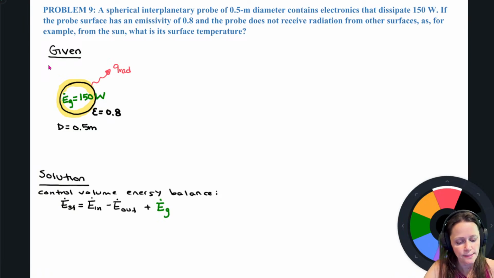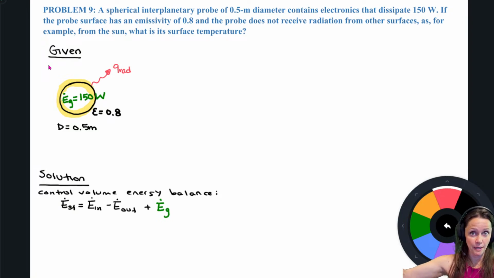And then the probe does not receive radiation from other surfaces, for example, the sun. So what we're saying is this is not that special case we were talking about before, where our surface is being irradiated by radiation from other sources, from other surfaces.